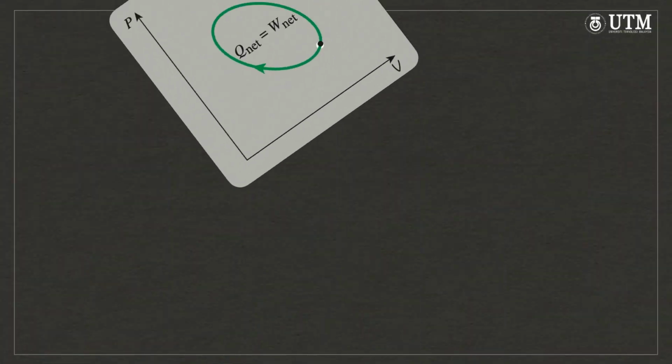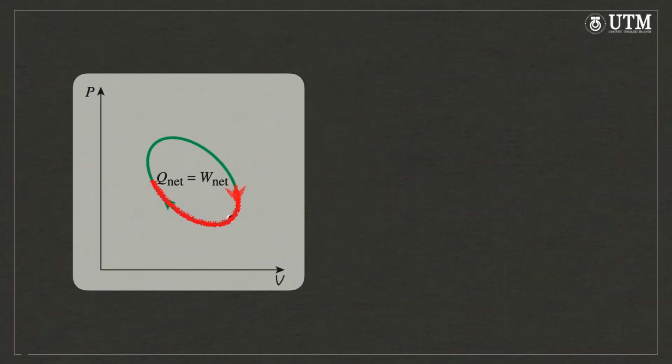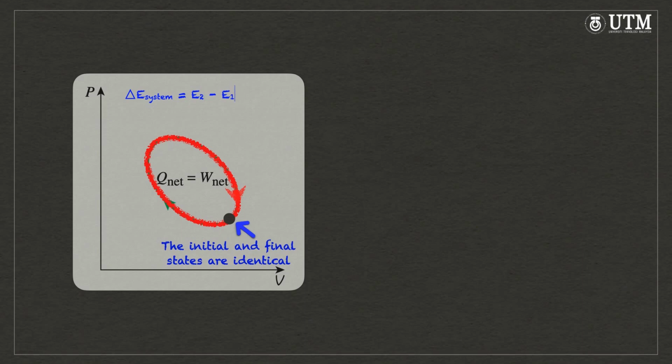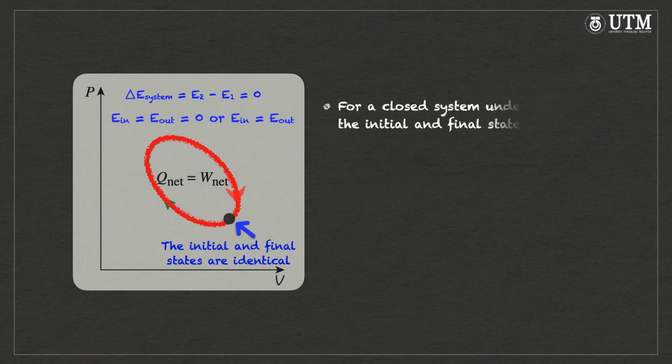For a closed system undergoing a cycle, the initial and final states are identical, and thus delta E system equals the difference between E2 and E1, which is zero. Then, the energy balance for a cycle simplifies to E in minus E out equals 0, or E in equals E out.